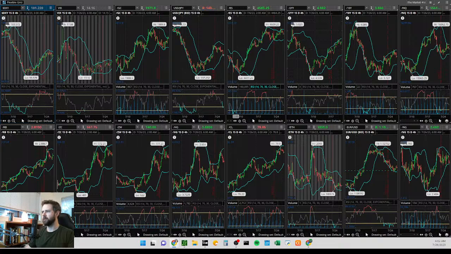Google looks like maybe the only one with cheap calls. May not be right. And XLU looks like you can buy puts in that again.